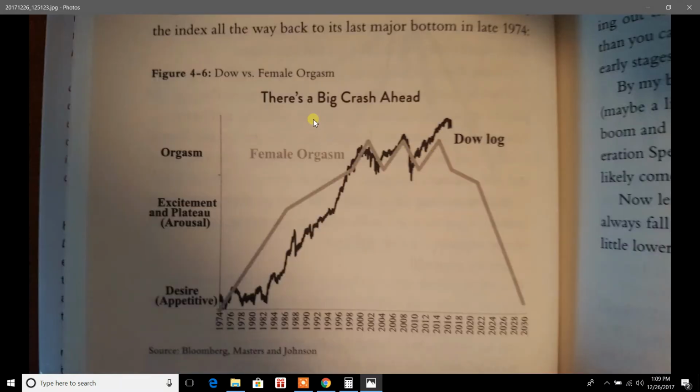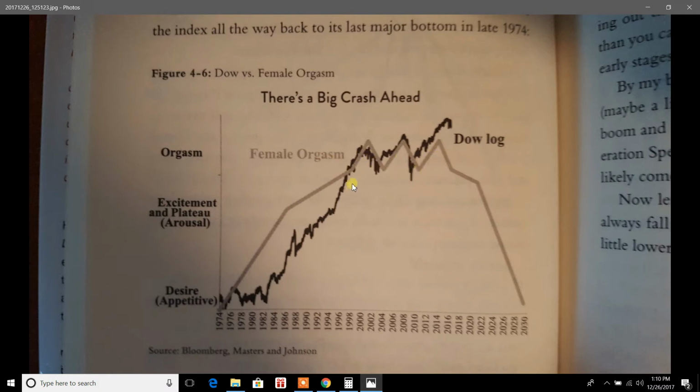And just to wrap it up here, this shows you a chart of the Dow Jones, and he lays the female orgasm chart over top of the Dow Jones chart. And this basically, if you're wanting to know where we're headed on the overall indexes for stocks in the Dow Jones, just follow the female orgasm cycle, and run that parallel to the Dow Jones, and you can see right here it's playing out almost identical to what the female orgasm cycle chart shows.